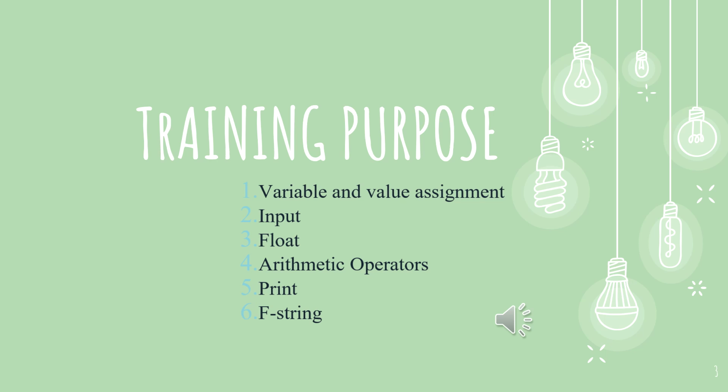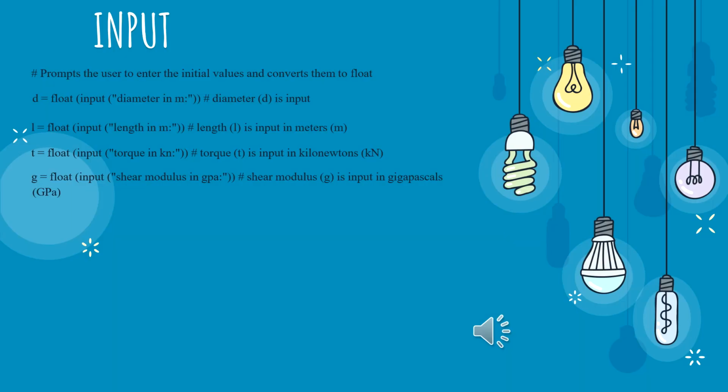The basic training purpose of this project includes variable and value assignment, input, float, arithmetic operators, print, and f-string. The first part of this project is the input section, where the users have to enter the diameter, length, torque, and shear modulus as a float value.